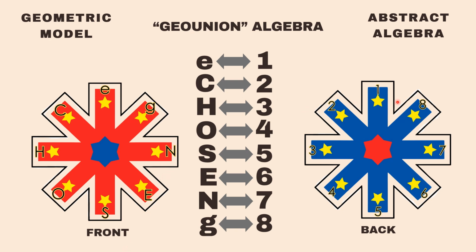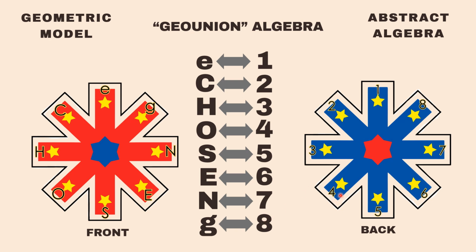On the other hand, I have the numeric symbols 1, 2, 3, 4, 5, 6, 7, 8. So e maps to 1, C maps to 2, H maps to 3, O maps to 4, S maps to 5, E maps to 6, N maps to 7, g maps to 8.